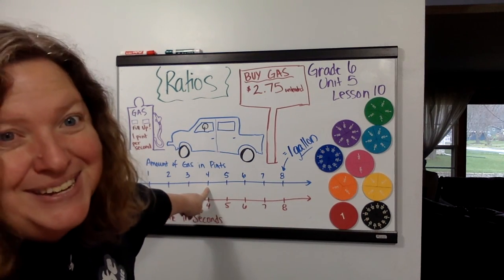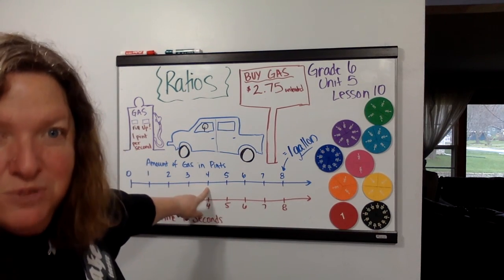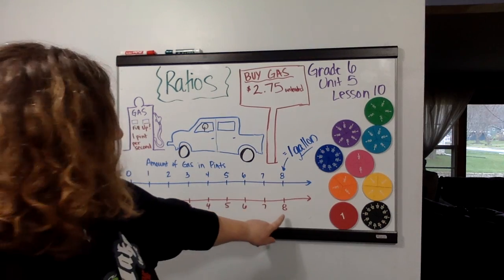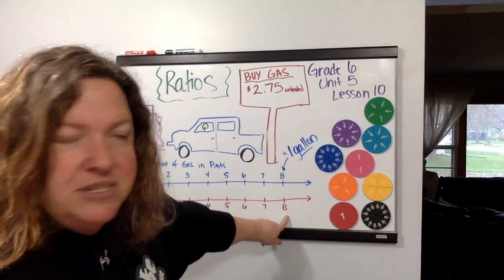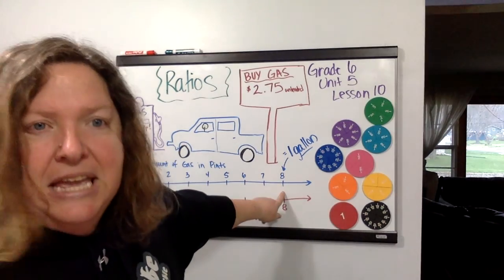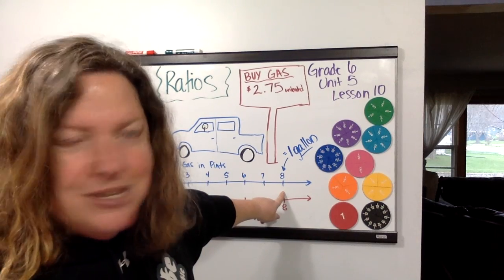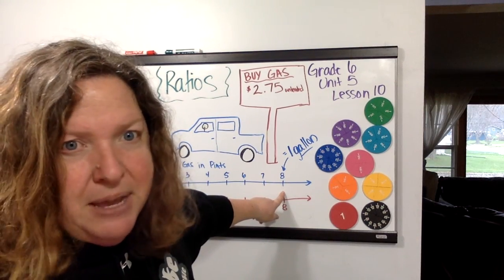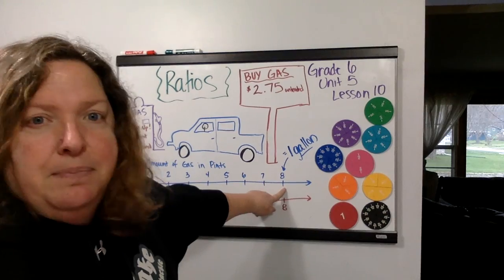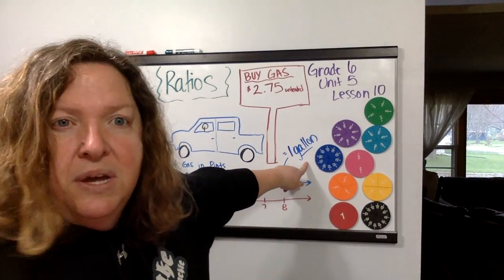Now they're making it easy on us because the numbers are the same. But check this out. When we get to 8 seconds of filling up our tank, we've put in 8 pints of gas. We're not used to thinking about gas in pints, but 8 pints also equals 1 gallon.